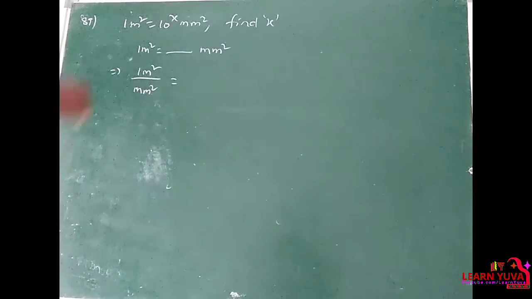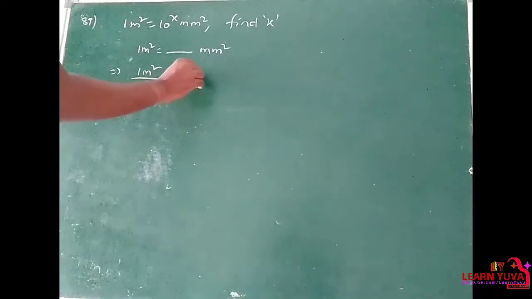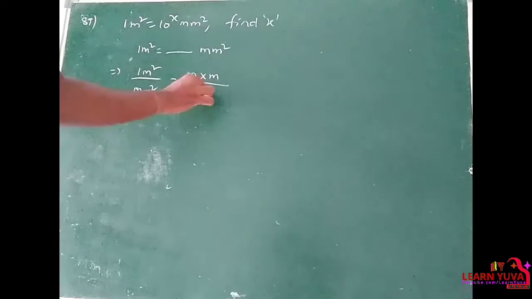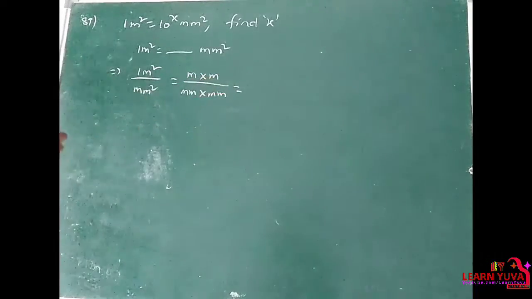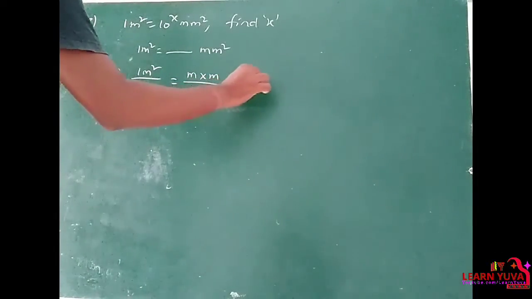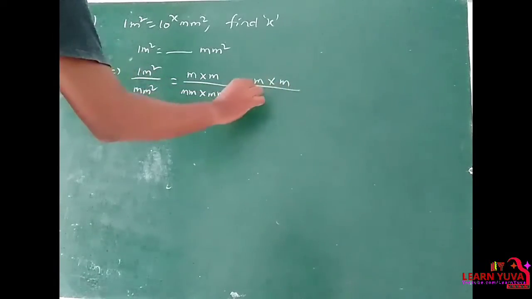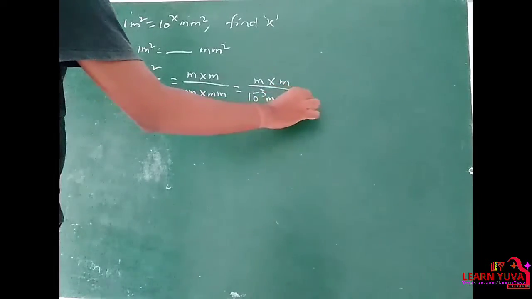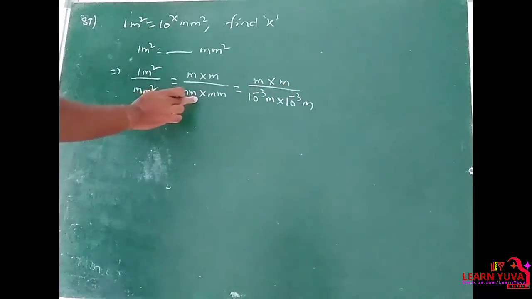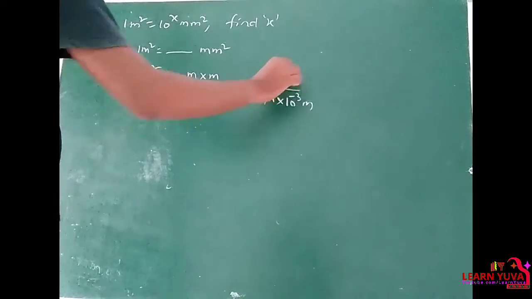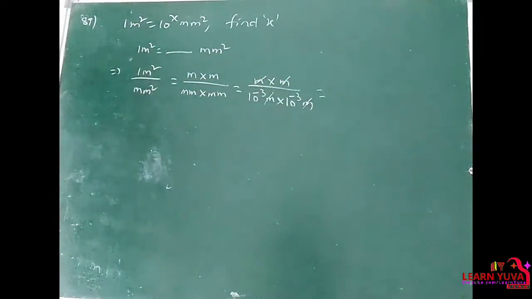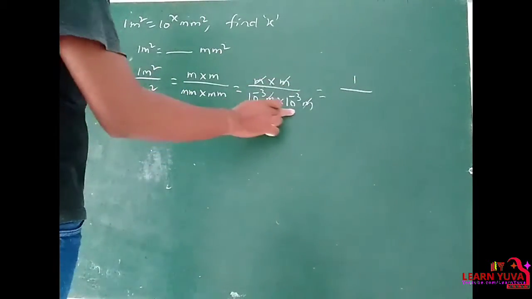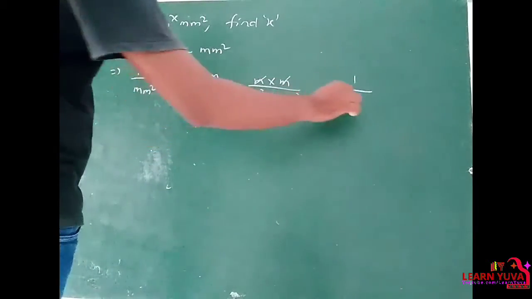Next, substituting the values, meter square can be written as meter into meter by millimeter square can be written as millimeter into millimeter. So that is equal to meter into meter by milli, 10 power minus 3 meter into millimeter, 10 power minus 3 meter. Here 10 power minus 3 is nothing but millimeter. So meter gets cancelled. So 1 by, when the base is same power should be added, minus 3 minus 6.